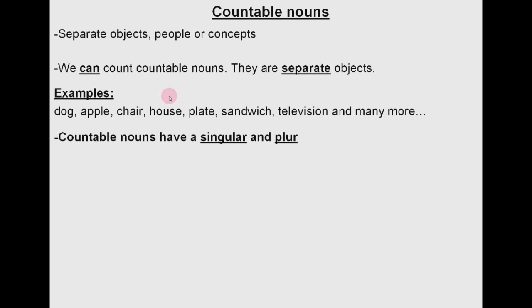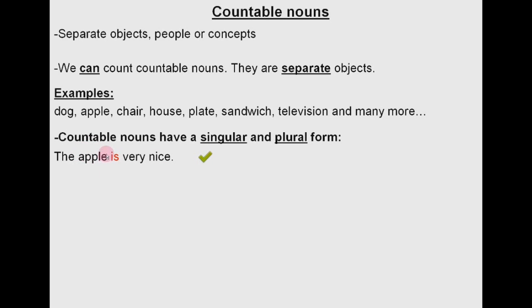And very important, countable nouns have both a singular and a plural form. They can exist in a singular and plural. So, the apple is very nice. We are talking about 1 apple.